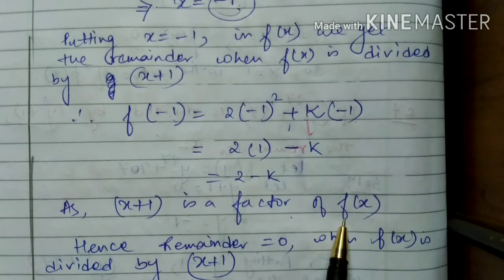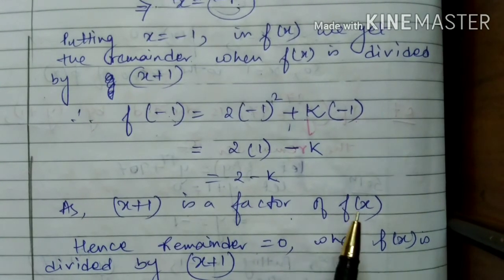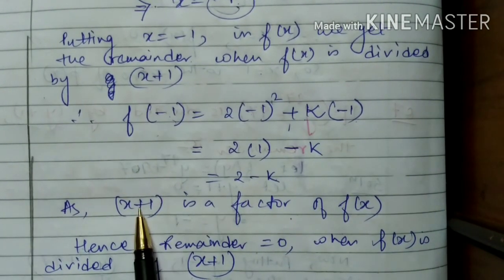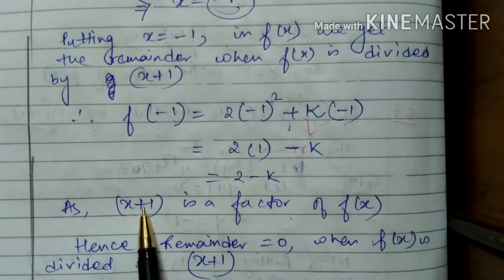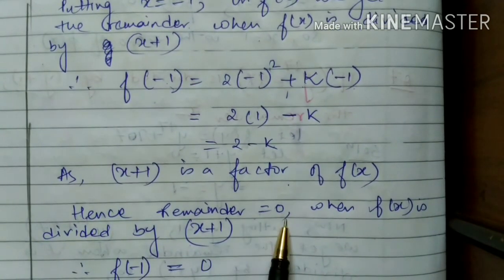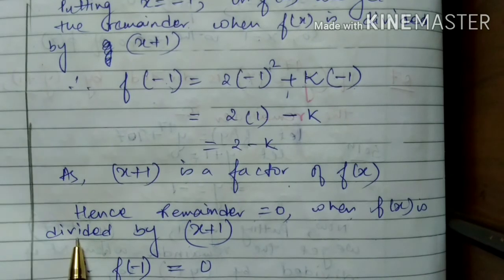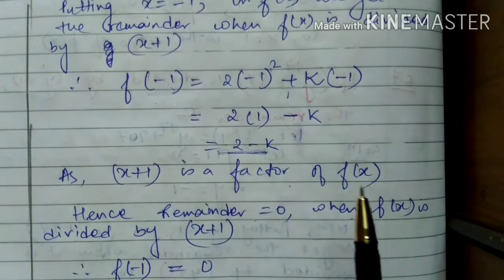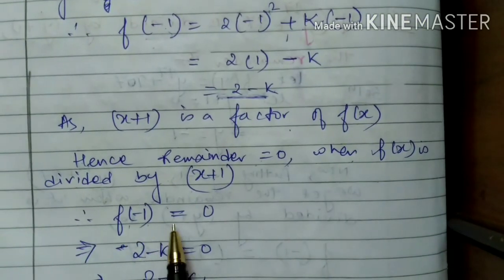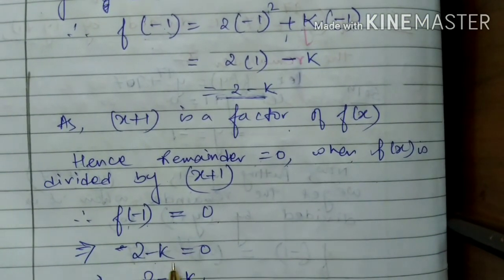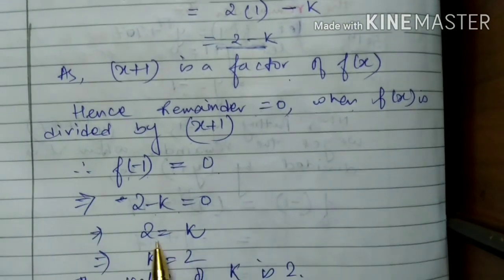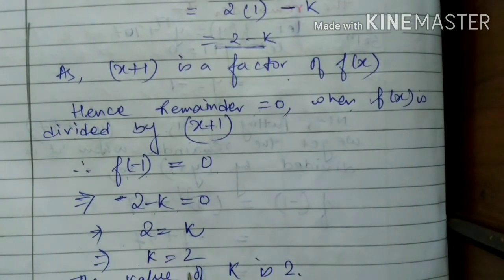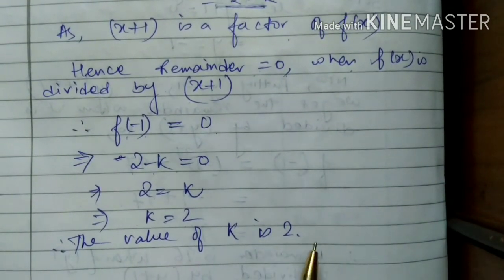Just now I told that if it is a factor of f(x), then when f(x) is divided by x plus 1, the remainder will be 0. So the remainder is 0 when f(x) is divided by x plus 1, means this was our remainder and this will be equal to 0. So f of minus 1 equal to 0. So 2 minus k equal to 0. So what did I get? The value of k is equal to 2. So the value of k is 2.